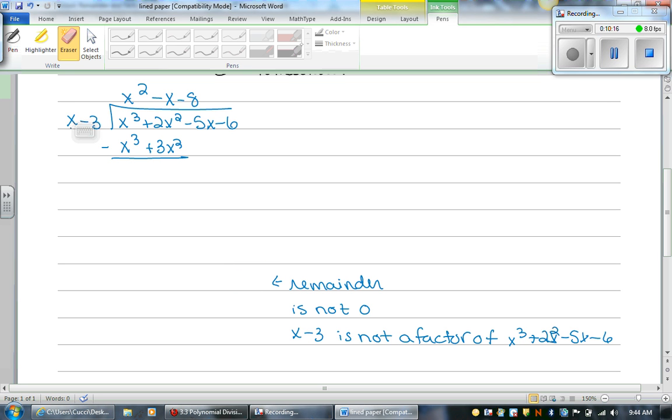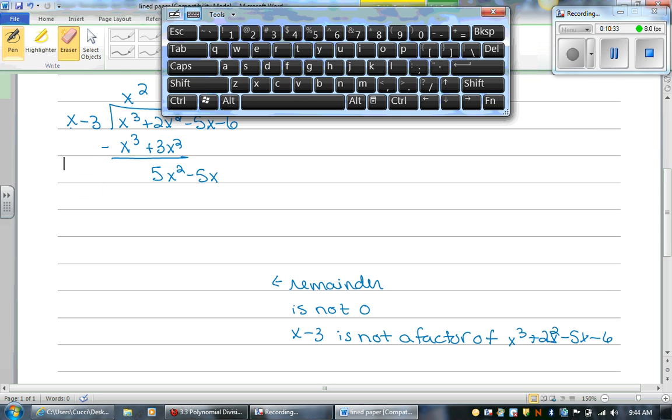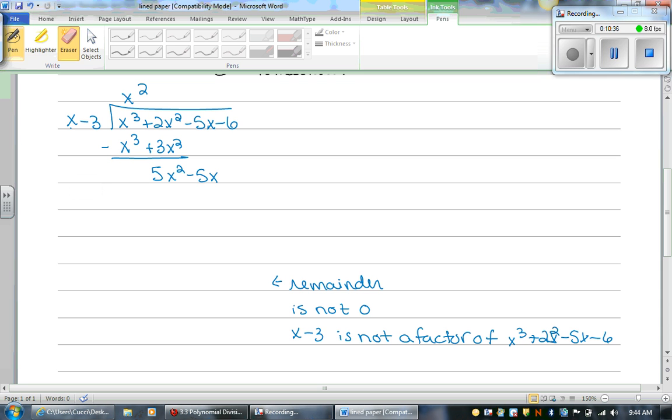Okay, so when I distributed that through, I have to distribute through that negative. Those cross out and I get 5x squared. Drop that negative 5x. X to get 5x squared is going to be plus 5x. Distribute that back through. 5x squared minus 15x. Distribute through that negative. And we get 5x.